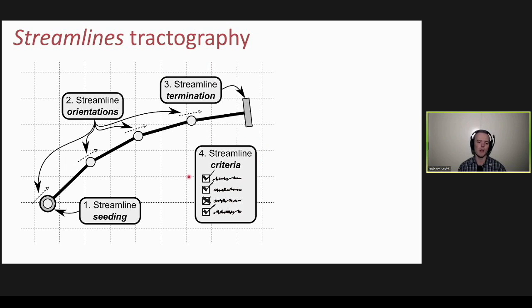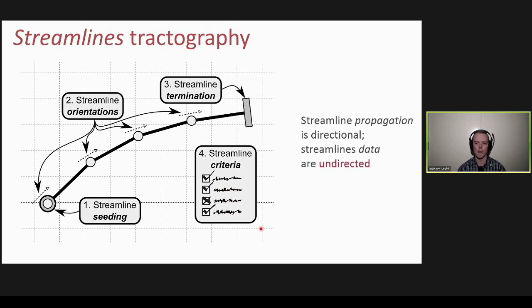And then depending on your experiment, you'll have some sort of criteria that define whether this is an acceptable streamline or whether it should not be used. And these can be things like minimum or maximum length, constraints on a priori conditions of where streamlines are or are not allowed to go. Again, very, very context dependent on your particular experiment.